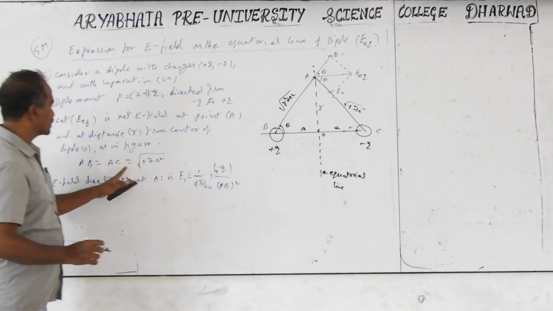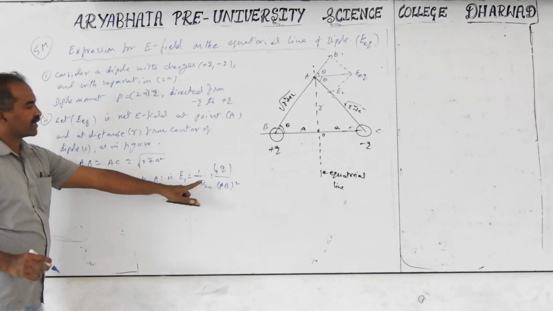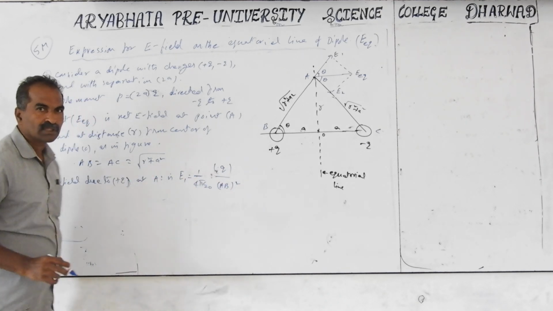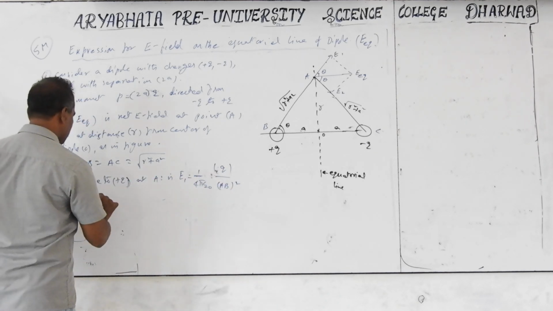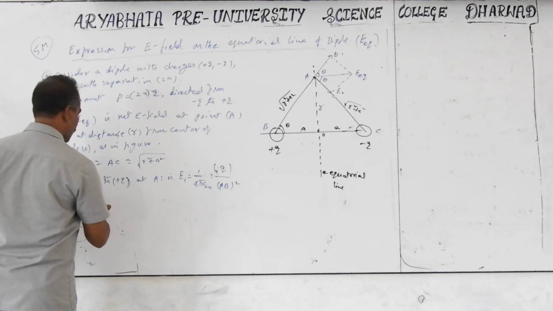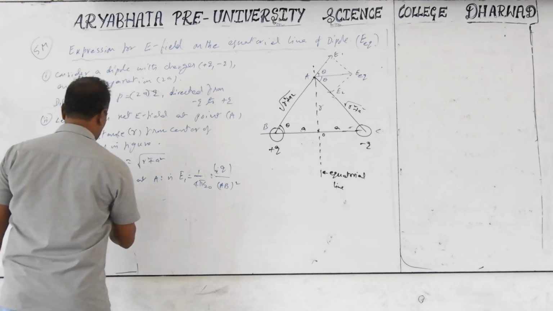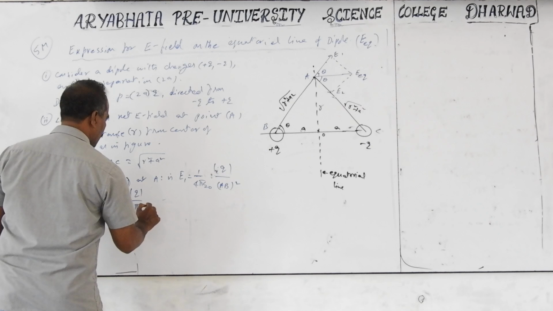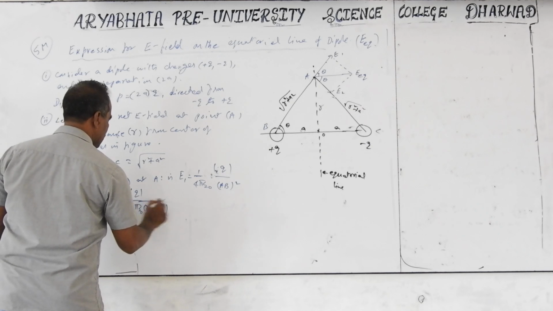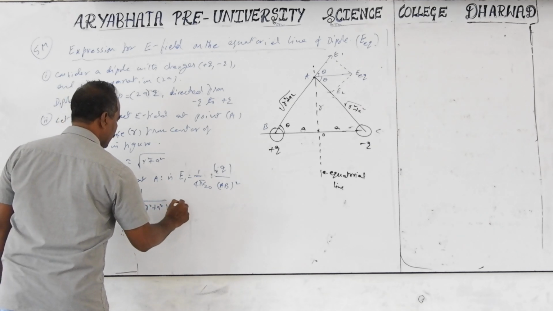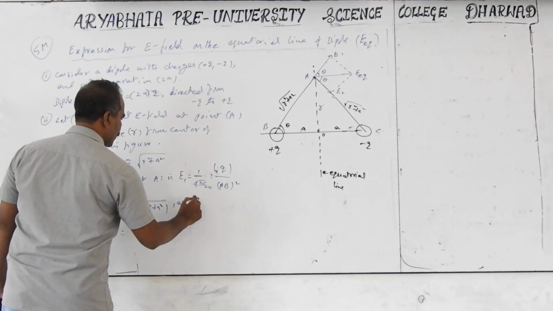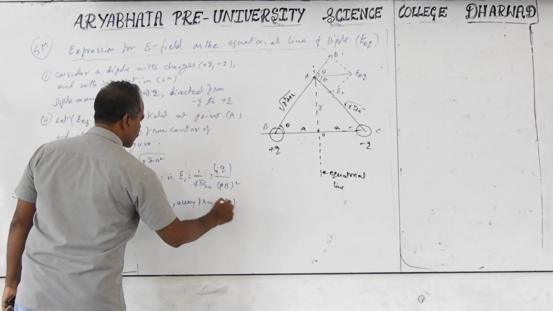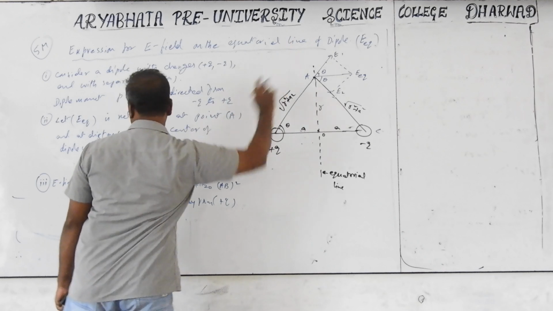But AB is under root of r square plus a square, and since we square it, the root is removed. So E1 equals q by 4 pi epsilon naught into r square plus a square. Direction away from plus q, that means the direction of BA.